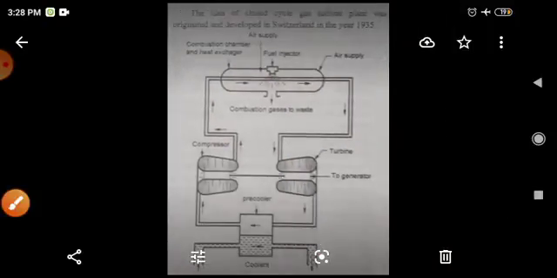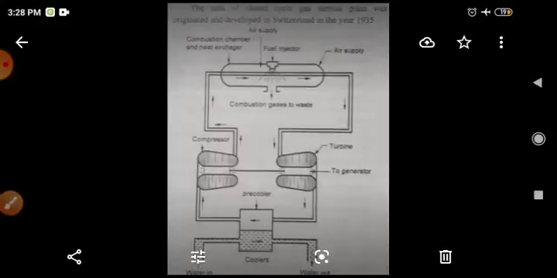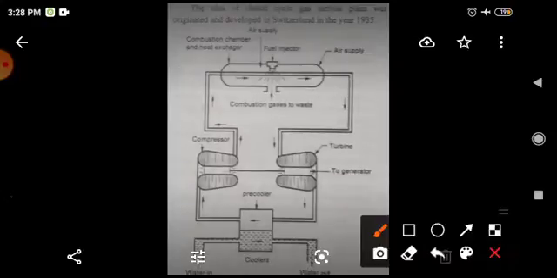That's why, as the working medium does not cross the boundary, that means it is not exhausted to the atmosphere, this is called the closed cycle gas turbine. Because the working medium is not taken from the atmosphere and not added to the atmosphere.